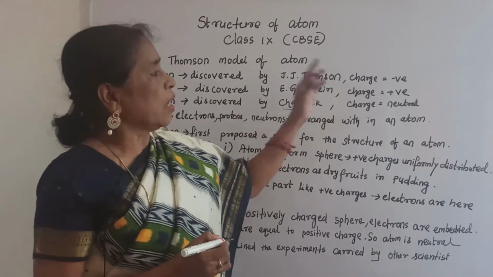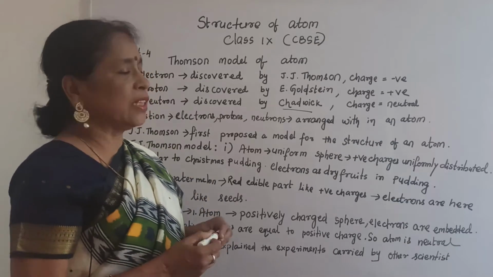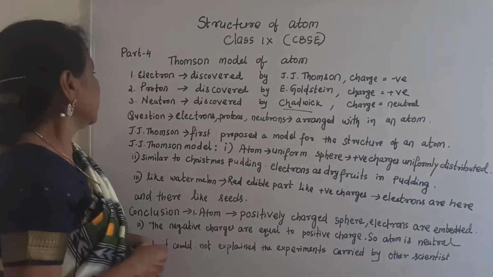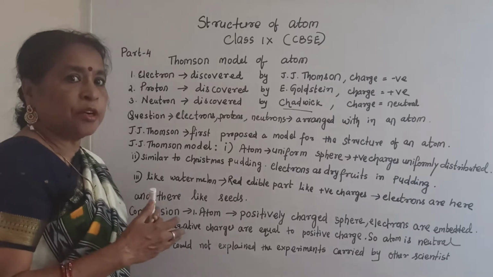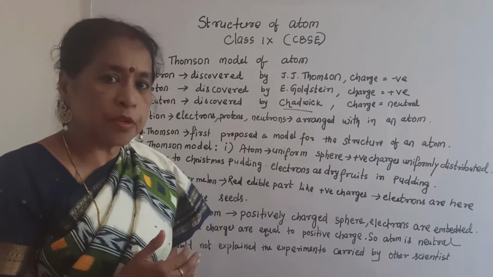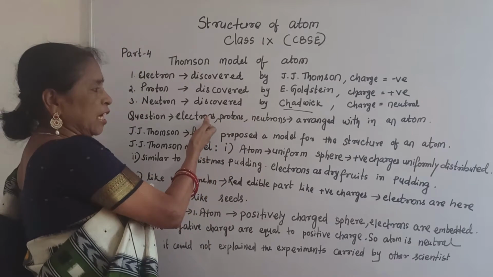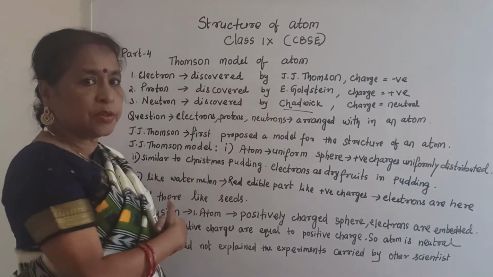Now see, one is positive, the other is negative, and the third one is neutral. And now the question is, the atom is neutral. Atom is neutral, and you know proton positive, electron negative, and neutron neutral.